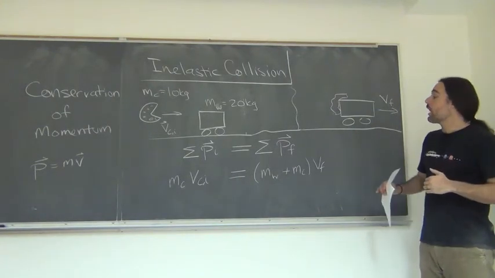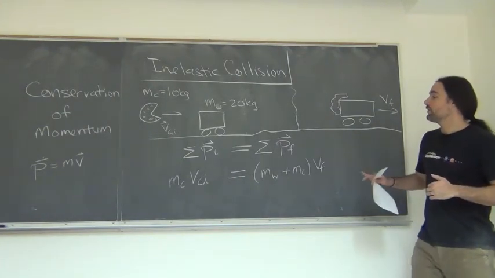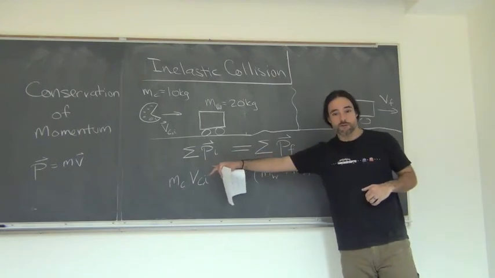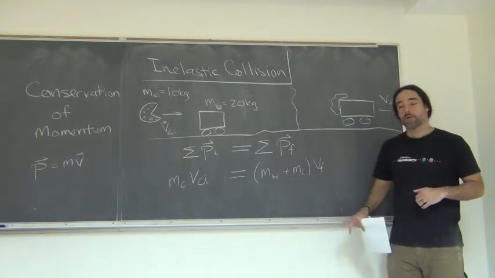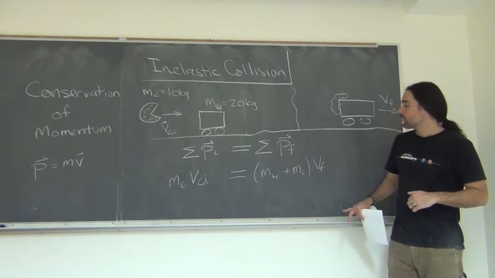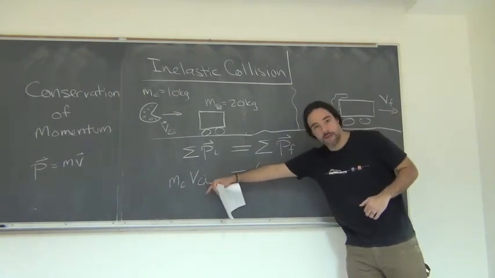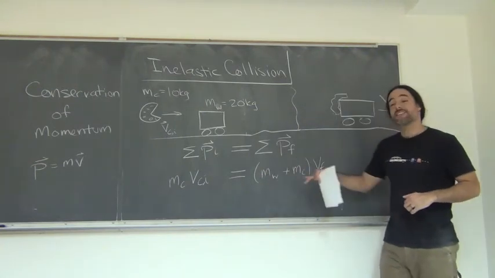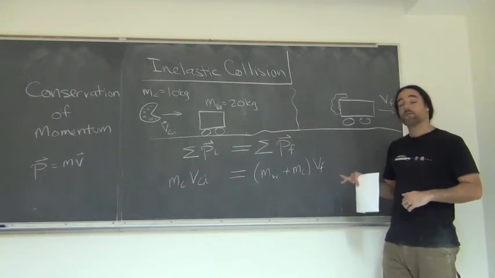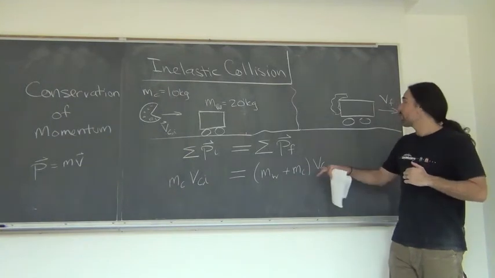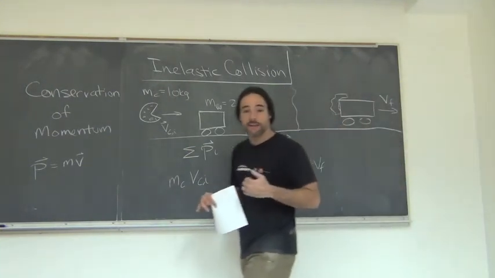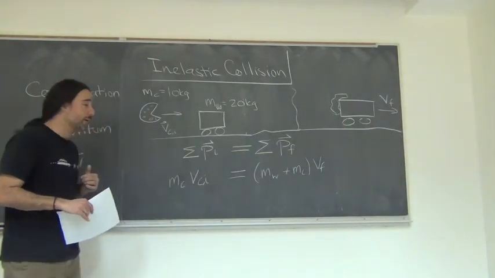Well, using the conservation of momentum, using the fact that my total initial momentum has to equal my total final momentum, it's going to be true that mc VCI has to equal the total mass times Vf. So I can solve for the final velocity of the wagon and figure out how fast it's going to be going.